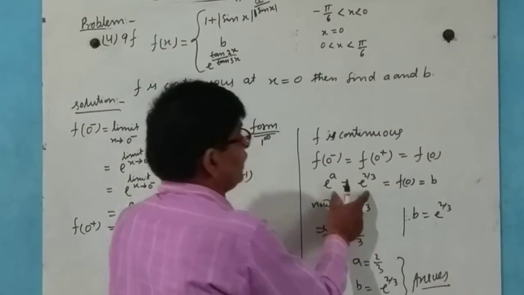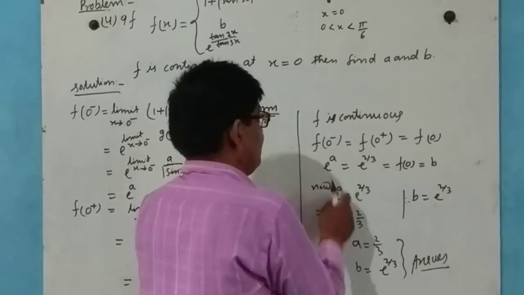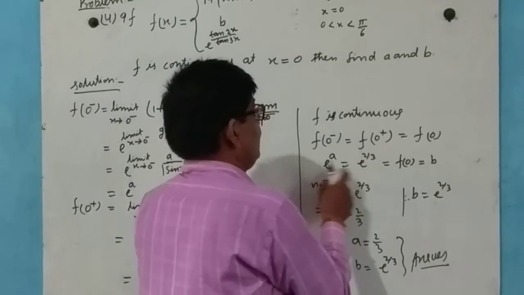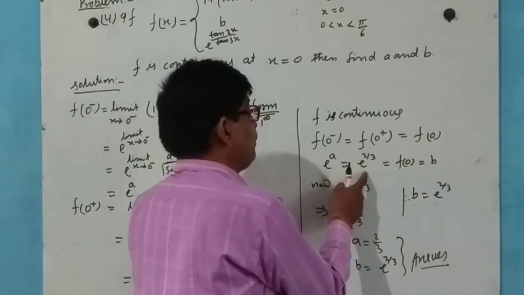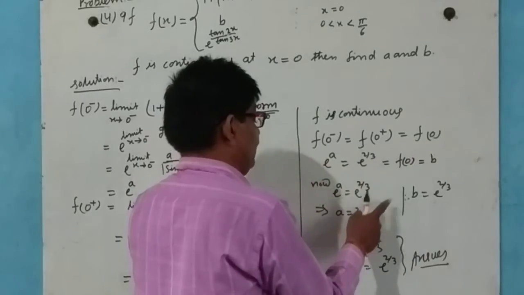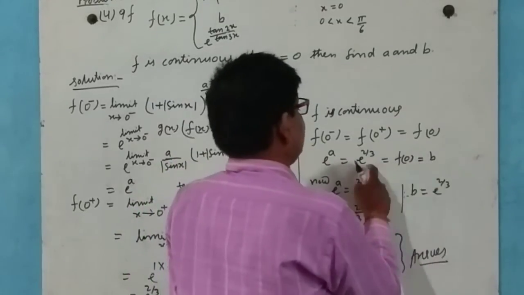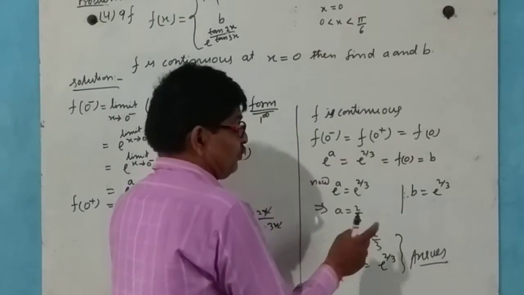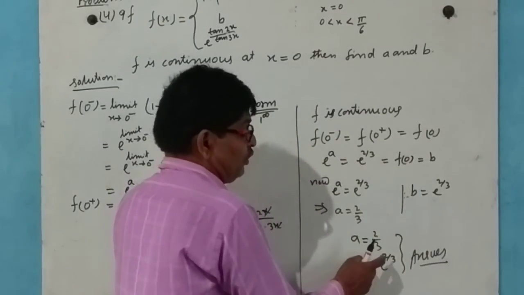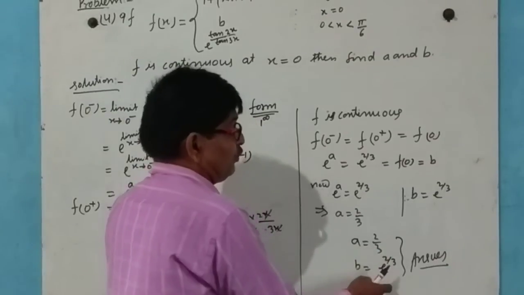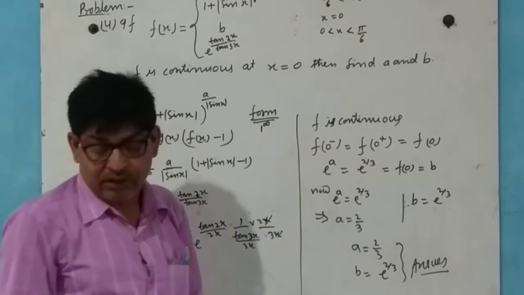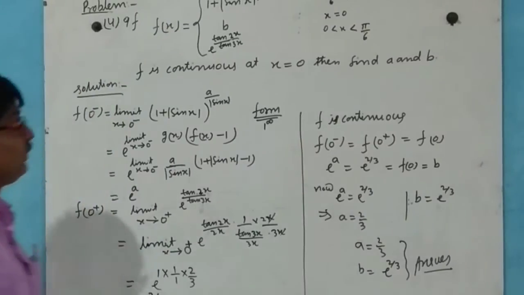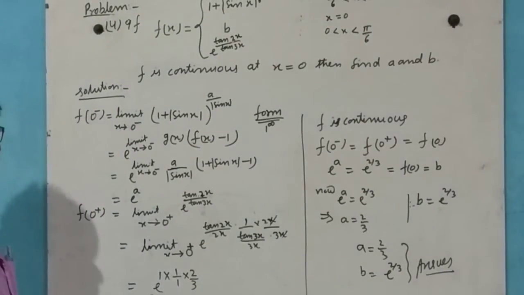So we take these two parts, this e to the power a and e to the power 2 by 3, by the law of indices a is equal to 2 by 3 and b is equal to e to the power 2 by 3. So the value of a is equal to 2 by 3 and the value of b is equal to e to the power 2 by 3. This is our answer.